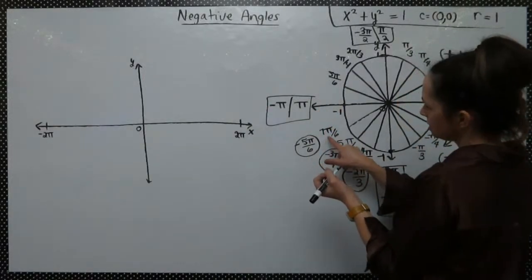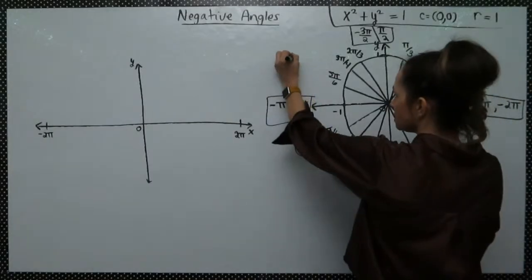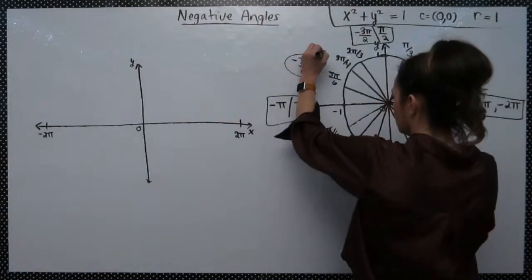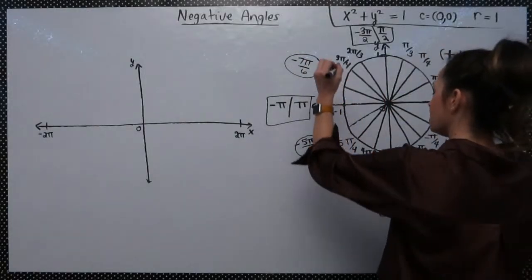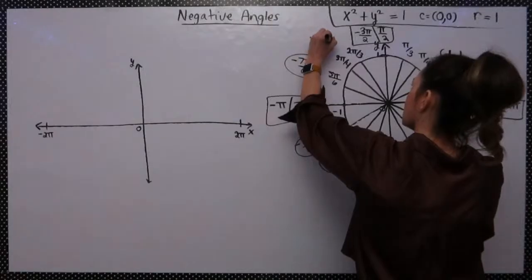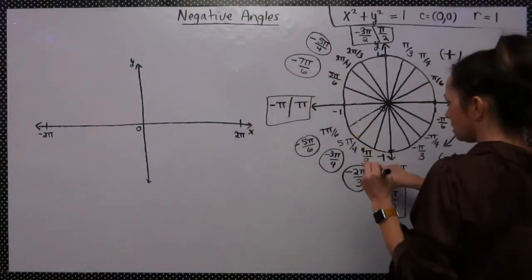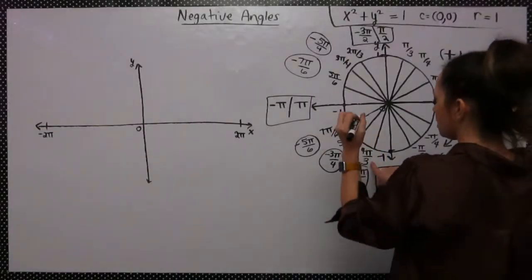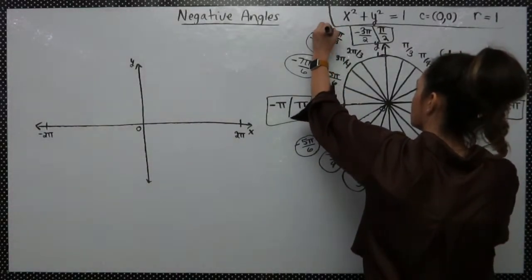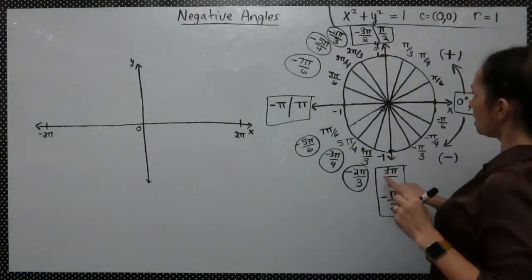And then right after pi, I'm at negative 7 pi over 6. Negative 5 pi over 4. And then negative 4 pi over 3. And then I'm at negative 3 over 2 pi.